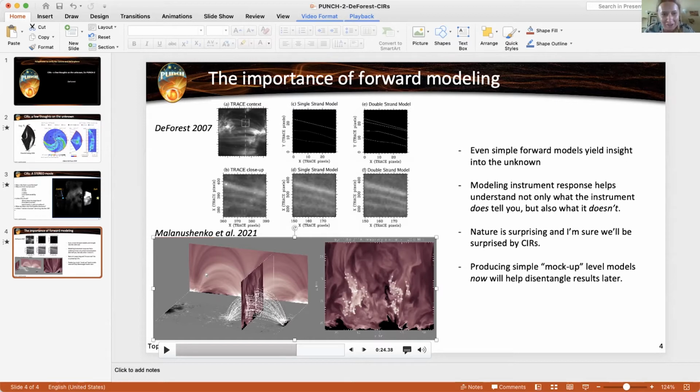Makes sense? Yeah. So just to understand, for the right-hand side panel, are we integrating along the line of sight there, or is it just the intersection? It is just the intersection. It is the integrand. It is the thing that you integrate to get the forward modeled emission.